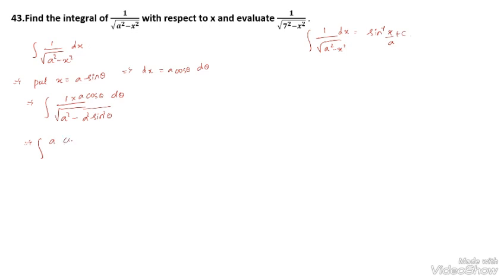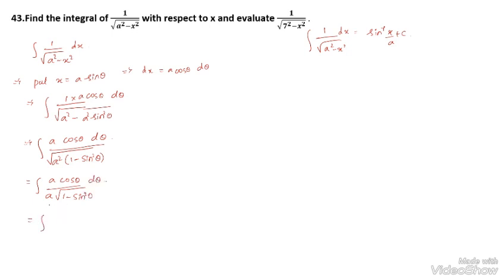Now, integration of a cos theta into d theta divided by, taking a square as a common, that is a square into 1 minus sine square theta. Again here taking a square as a common outside, cos theta divided by a into root of 1 minus sin square theta into d theta.